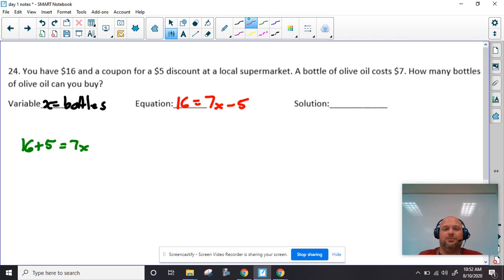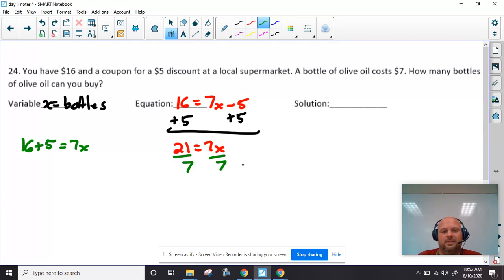If you set it up this way in red, you're going to end up with a green one anyways. We end up getting 3 bottles. I don't know why somebody needs that much olive oil unless you're running a restaurant.